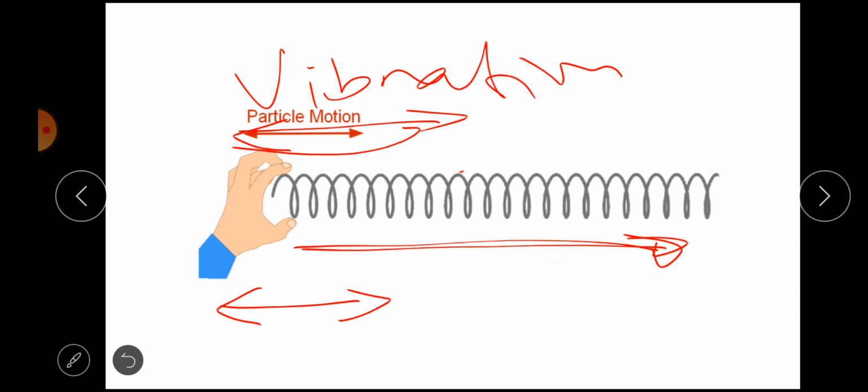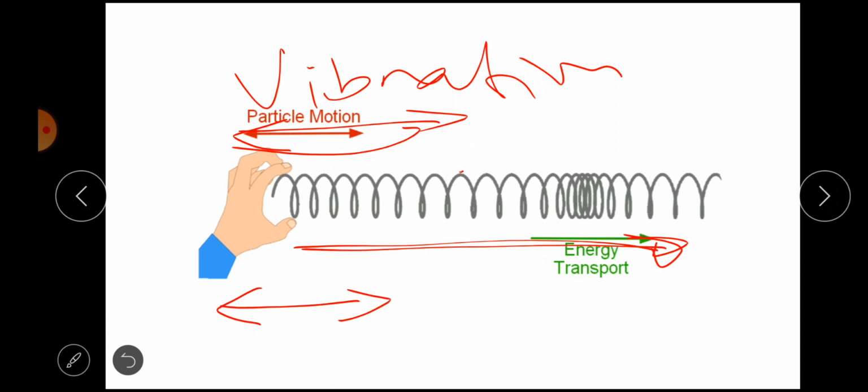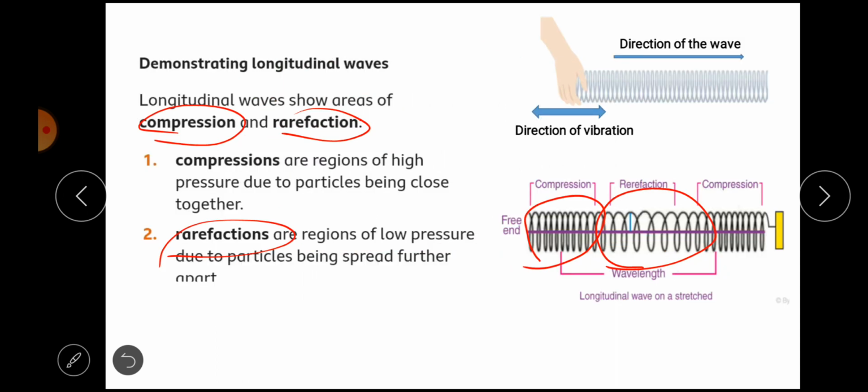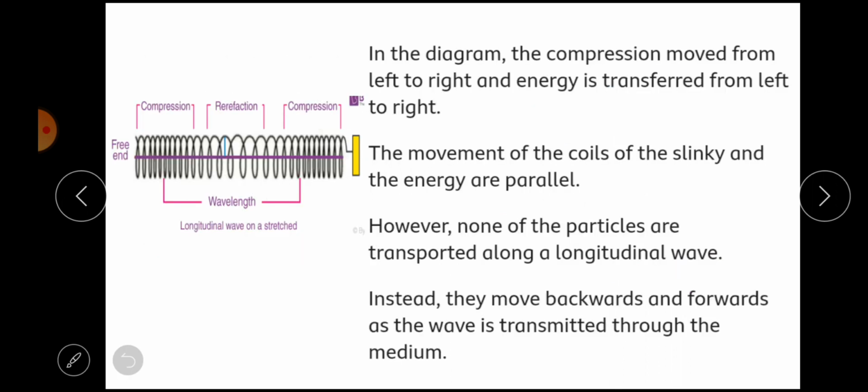So we have compressions and rarefactions until it reaches the end. Here in the diagram, the compressions move from the left to the right, and energy is transferred from the left to the right.